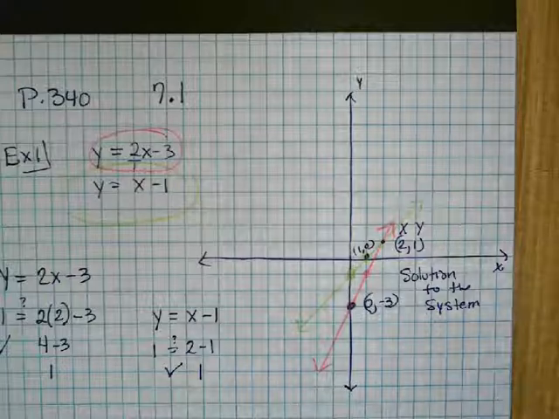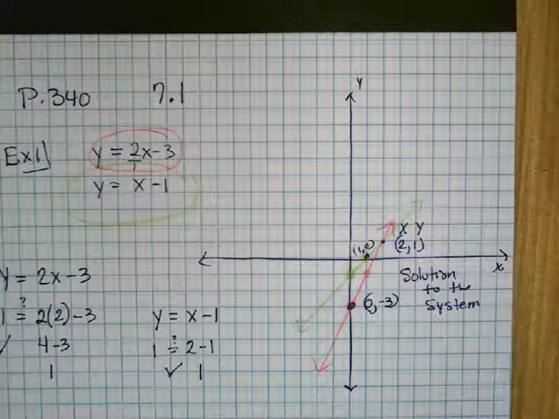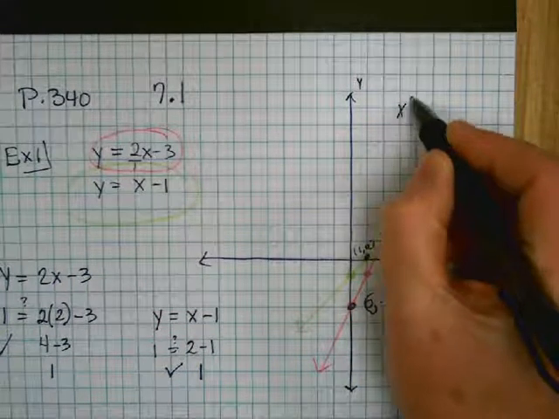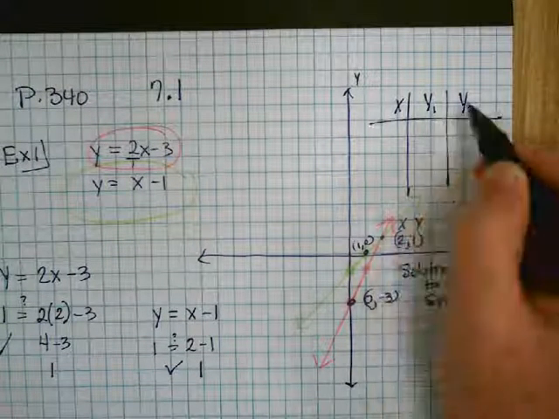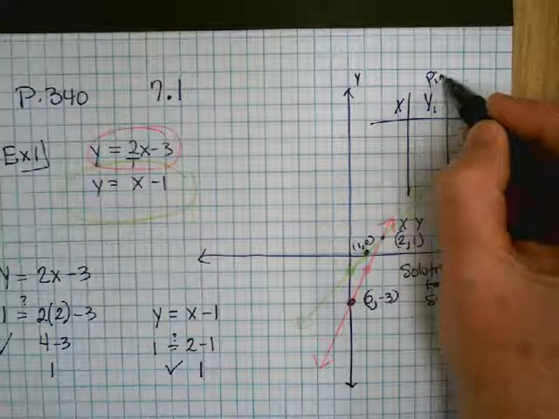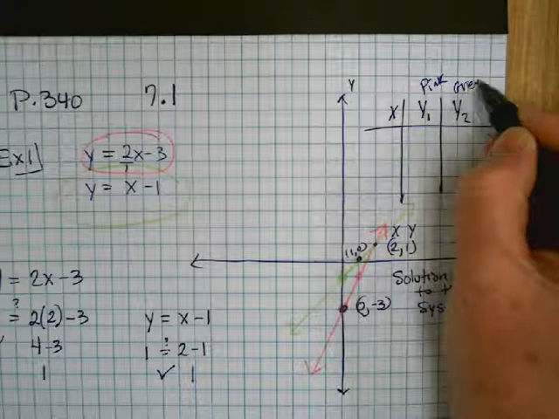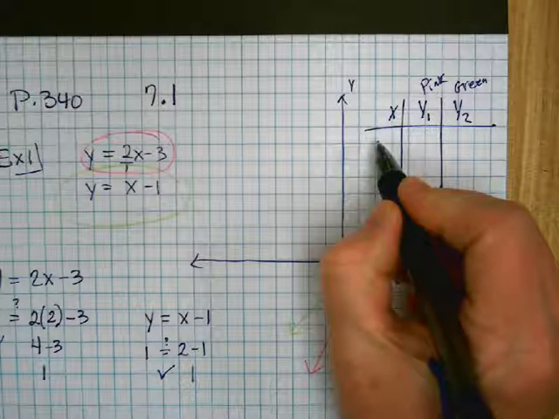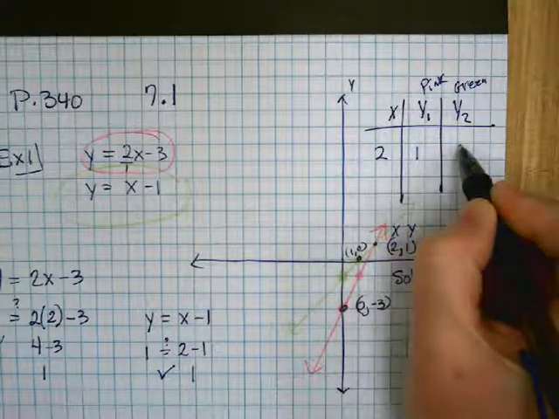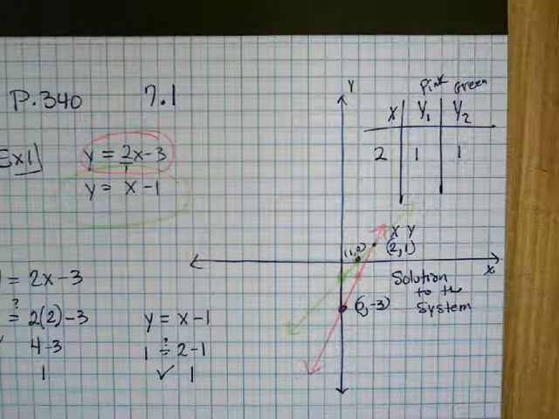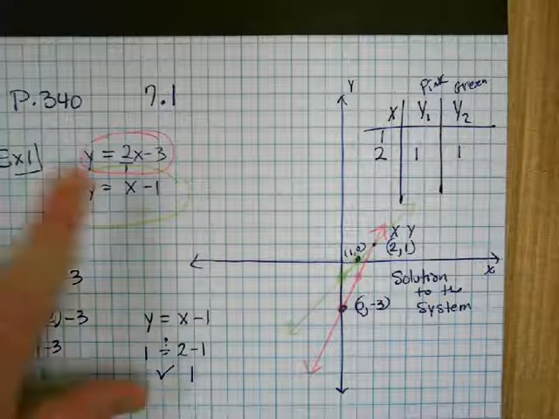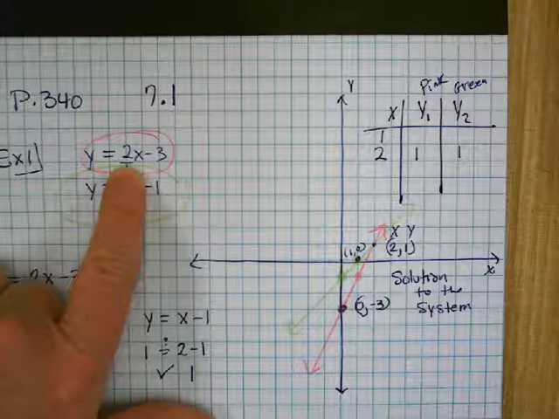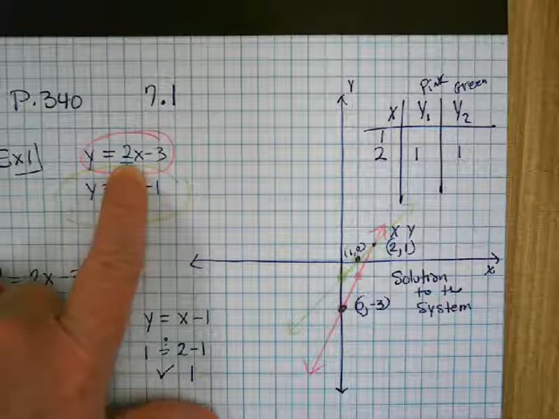If you're making a table, and you let y1 be the pink and y2 be the green, then when you have a 2 in place of x, both of those will have a 1. If you put 1 in place of x in the pink equation, what would you get for y?